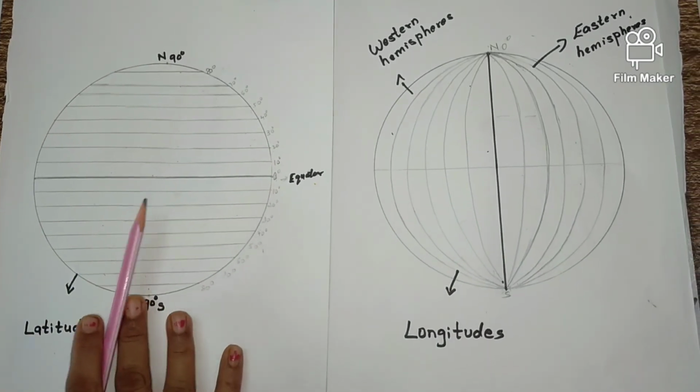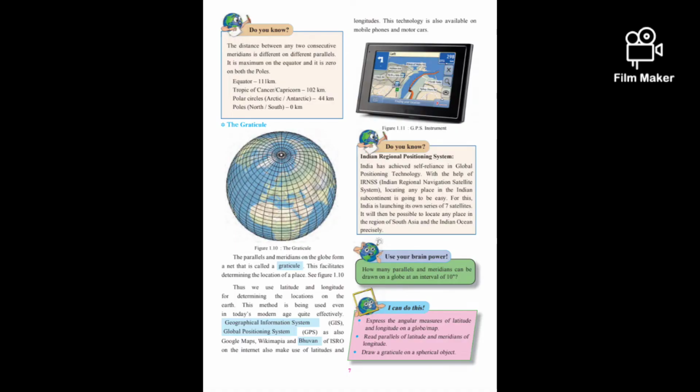Now the last topic in this lesson is the graticule. Children, in the first part I had already explained what a graticule is. The imaginary lines on the Earth, latitude and longitude, the parallels and meridians on the globe, form a net that is called a graticule.